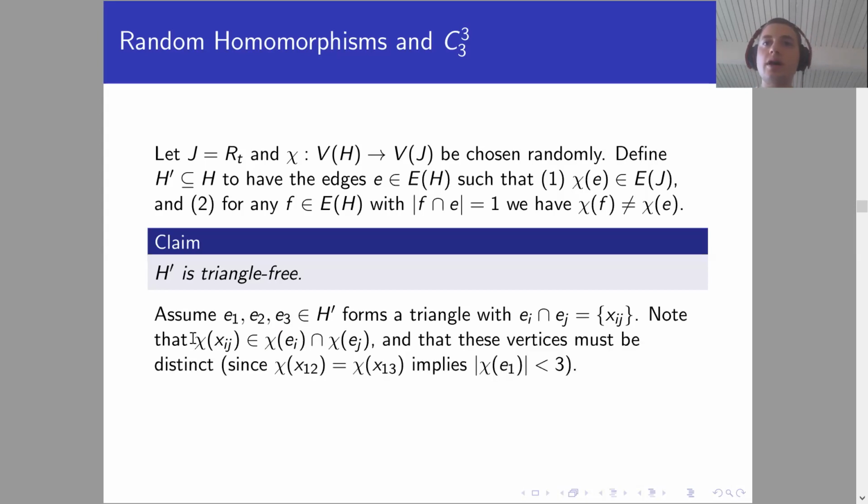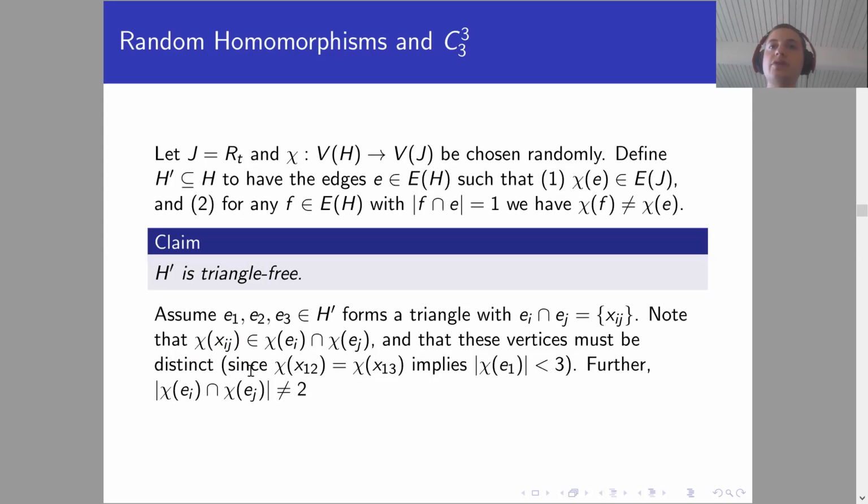And further, I claim that these 3 vertices must be distinct. And the way to see that is that if, say, x12 and x13 map to the same vertex in J, then because both these vertices are in E1, its image set would have size at most 2. And this contradicts 1, where it maps onto a 3 set of J.